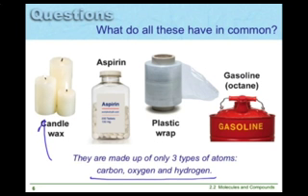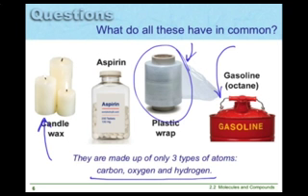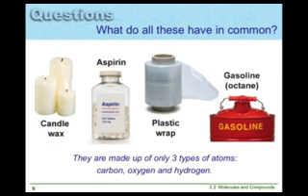Some of these, like candle wax, may only have carbon and hydrogen in them. Gasoline or octane has all three. Plastic: most plastics have all three. Some plastics have additional atoms, but they're made up of carbon, oxygen, and hydrogen, at least this flimsy kind of plastic. And aspirin is a compound that's made up of only carbon, oxygen, and hydrogen.